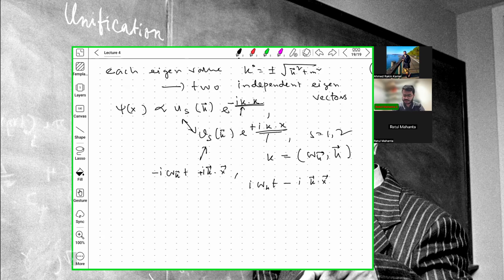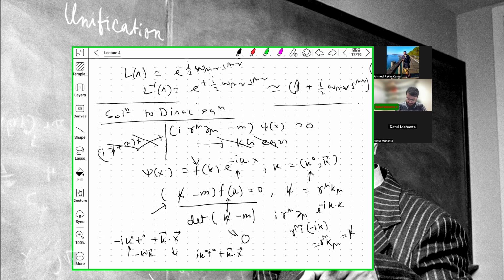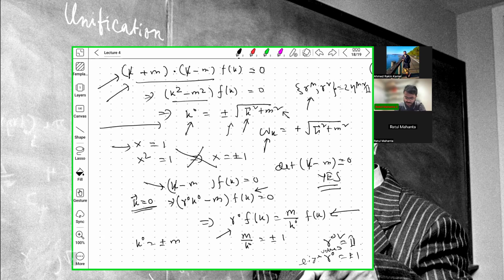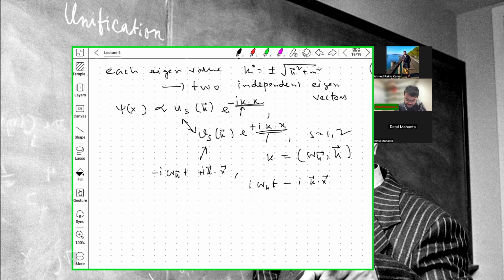So actually the negative solution you can find, it should be with plus, but you can call whatever is momentum, you can define a negative of that. That's what we are actually doing here. You could have called v_s as a minus k, but even in the Klein-Gordon theory you can do that. But omega k is the same as omega minus k.